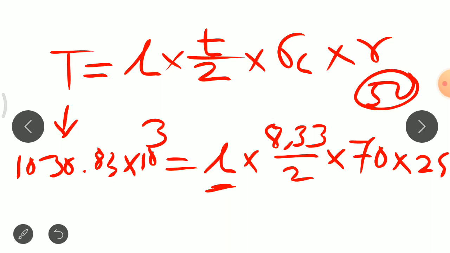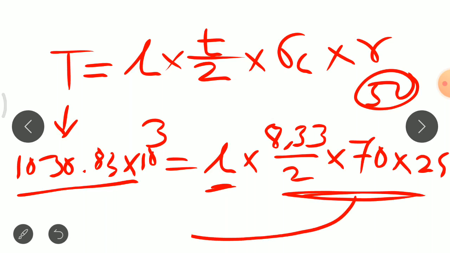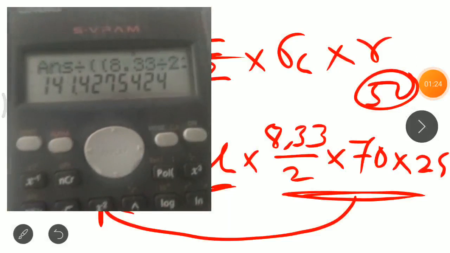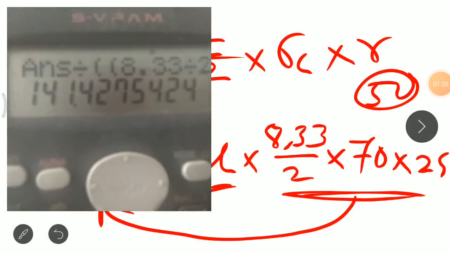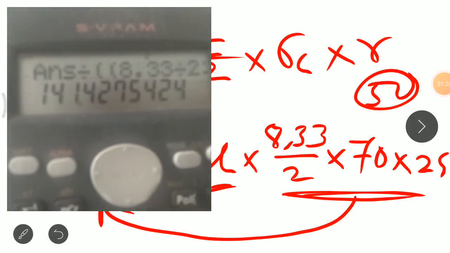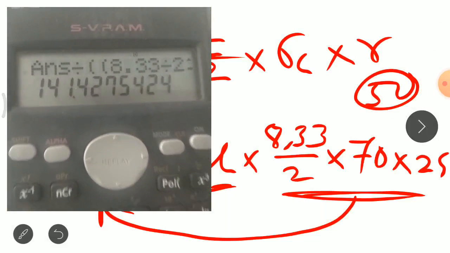Now the unknown quantity here is only length. Solve this equation and divide by the value of torque, and we will get the value of length, which is equal to 141.42 mm.